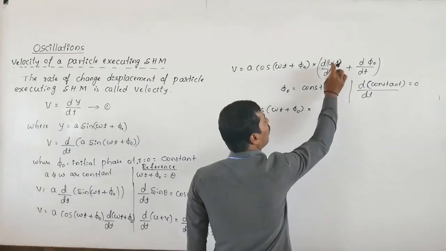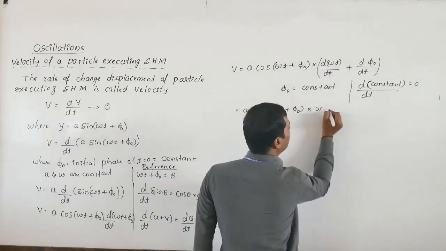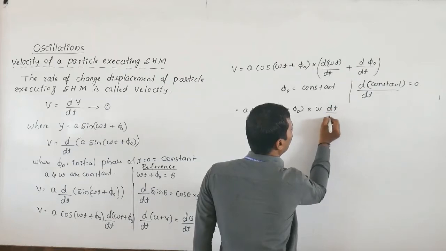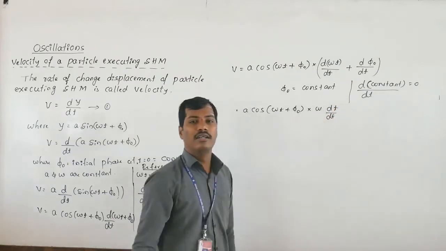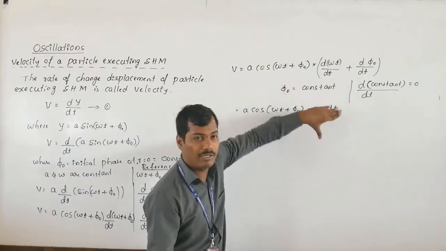Into constant outside means omega outside. Differentiation of dt by dt is there.